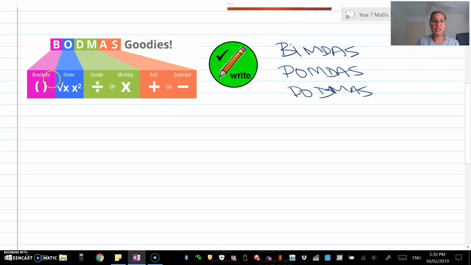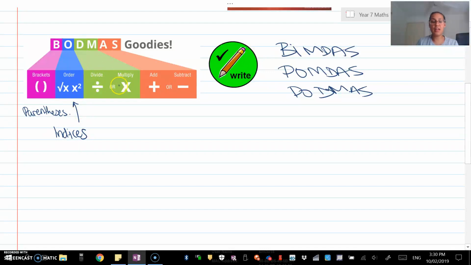B is for brackets or groupings of numbers. The reason why the Americans use P is because they use the word parentheses. Then O is for order, and the word we can also sometimes use here is indices, which is the plural for index. We will talk about indices this week as well.